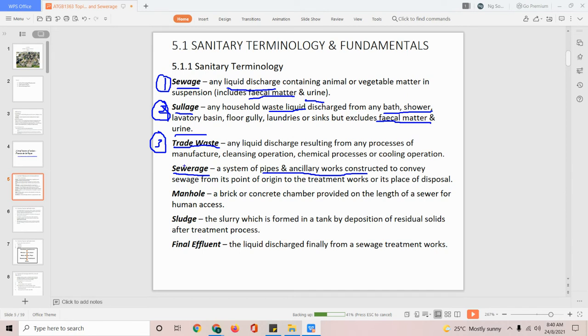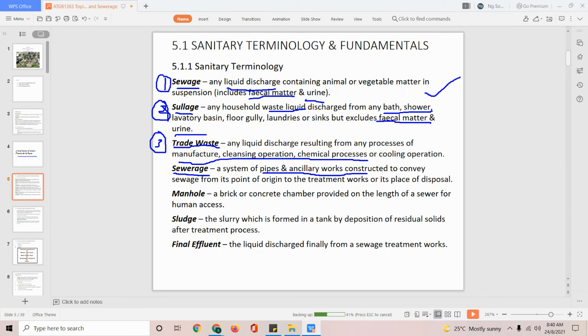So any industrialized waste or liquid from manufacturing and chemical processes will need a separate treatment because, as we know from the previous chapter, water is a very good universal solvent, meaning a lot of stuff can be dissolved into water.